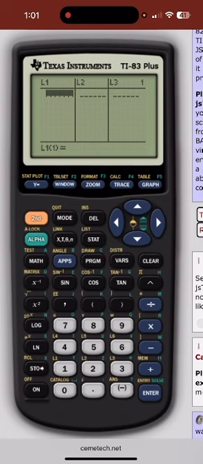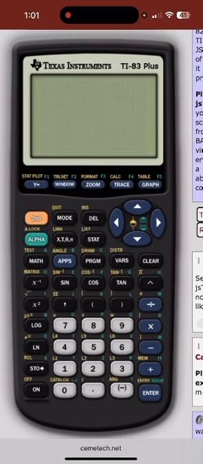Originally I was going to do a table, but then I realized the plot points weren't the same distance apart. So instead of using stat, because we're not plotting points, we can just manually calculate those. I'm going to hit second, quit to go back to the home screen. Another way we can go about this is to just manually write the table.